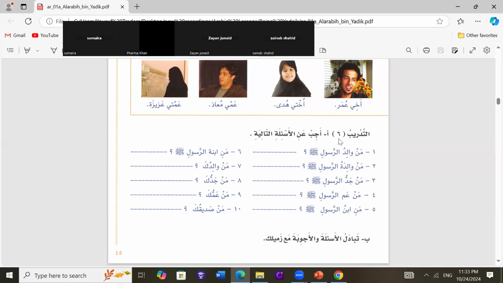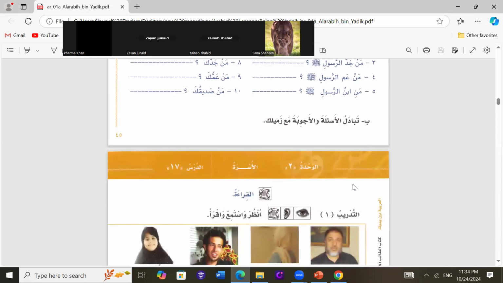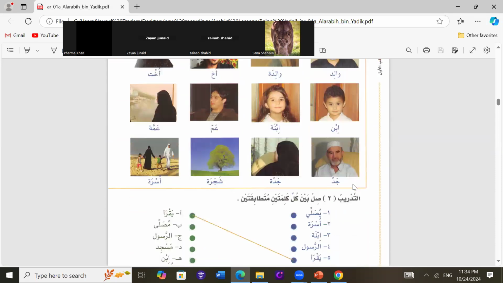At-tadribus sadis. Man walidur rasul, man walidatur rasul, man jaddur rasul, man ammur rasul, man ibnur rasul, man ibnatur rasul. Everything is given in the shajaratur rasul, so you can easily get to know.